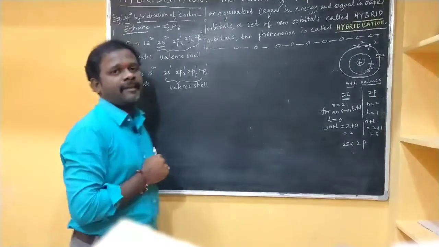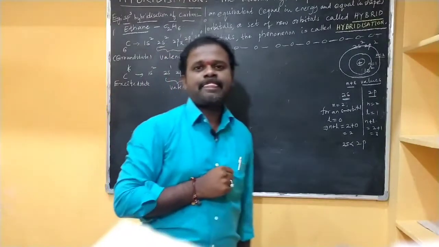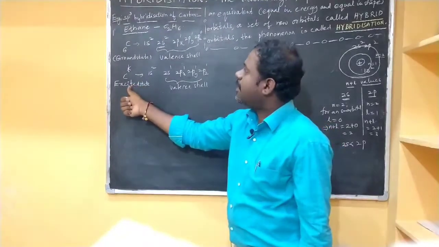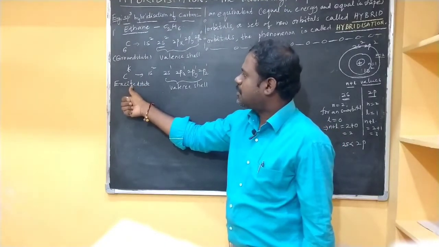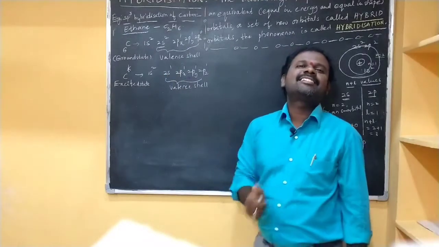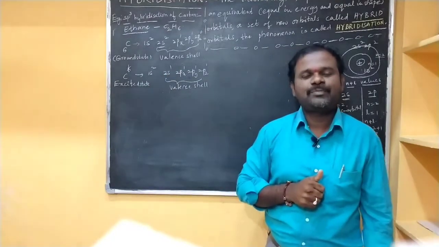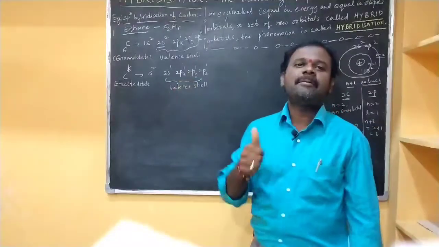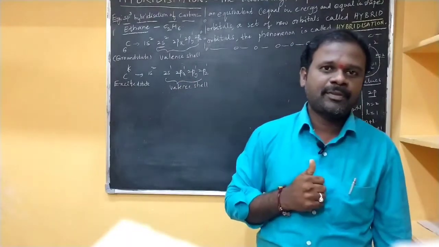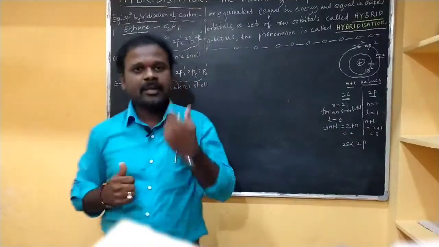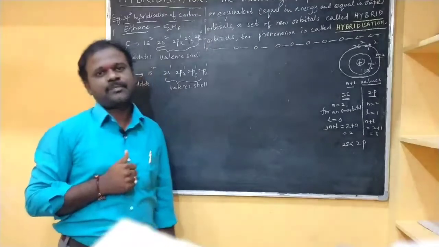But here hybridization can take place, because these s orbitals are spherical in shape and p orbitals are dumbbell in shape, so their shapes are different and their energies are different.